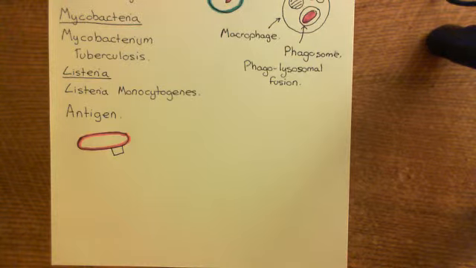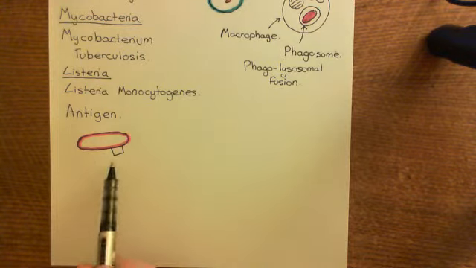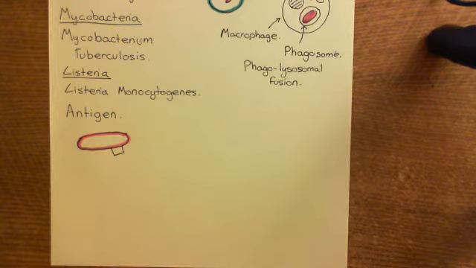We need to recognize these pathogenic cells by looking for proteins on their surface which would never be on a normal human cell. These are the proteins that we are going to produce antibodies against.